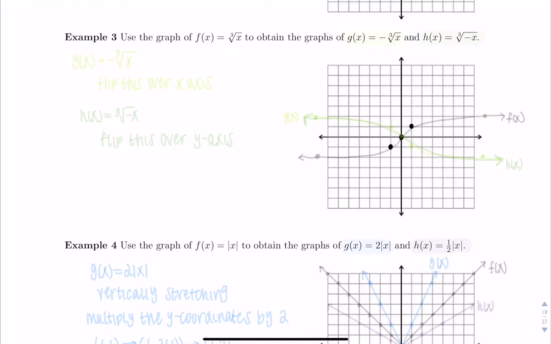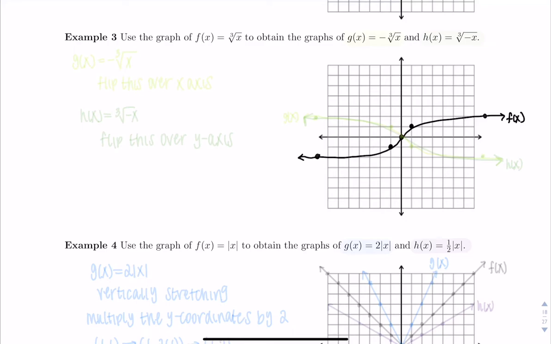We also have a point at about 8, 2, and negative 8, negative 2. Just to get an idea, that's f of x.